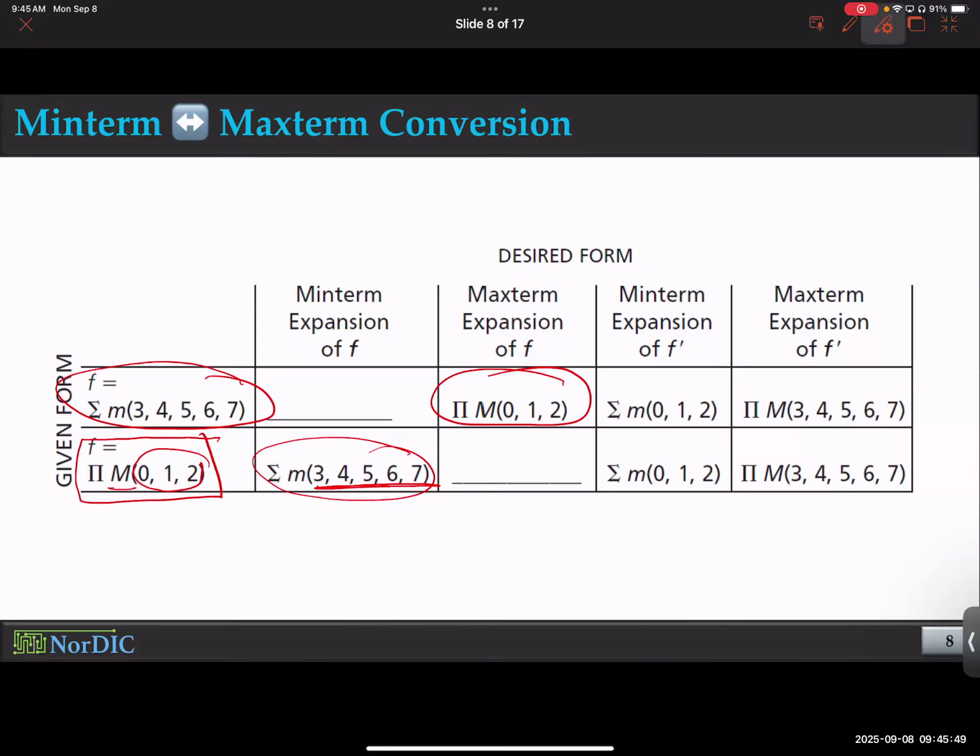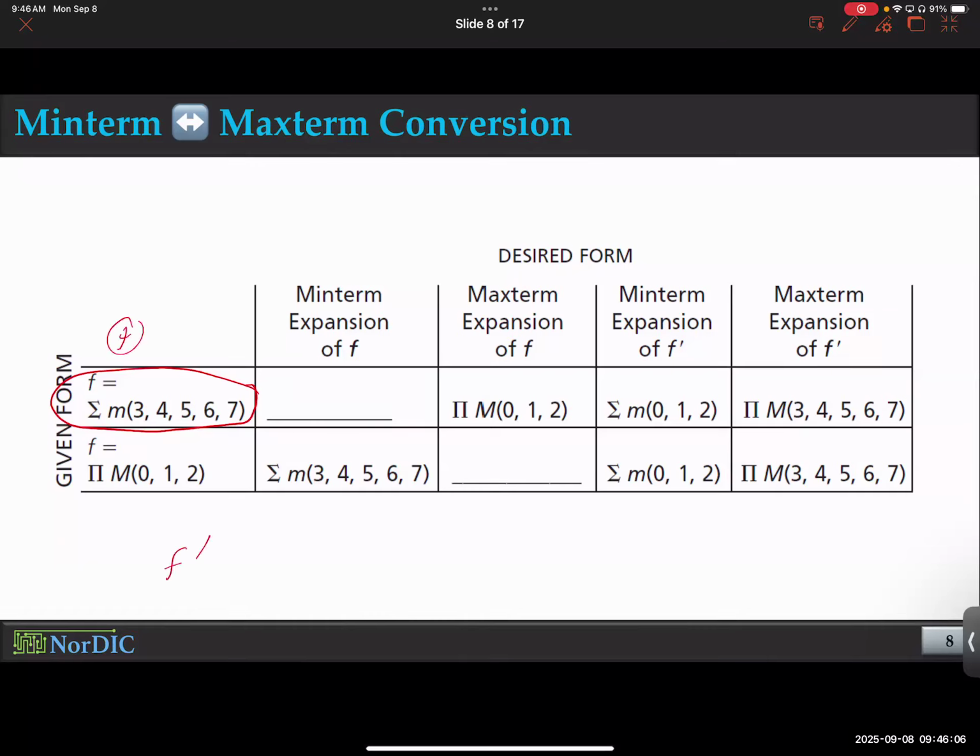Super simple. But what is also interesting is you can easily invert a function or get its complement by looking at its min term expression. Take a look at it. This is the min term expression for function f. Can anybody guess what's going to be the expression for f prime, which is the opposite of f?